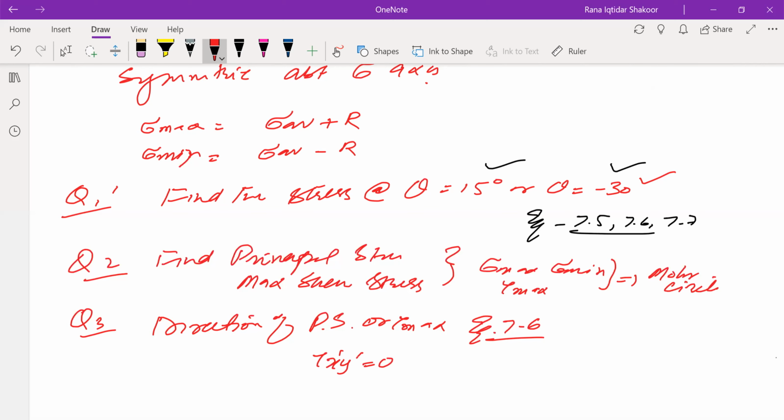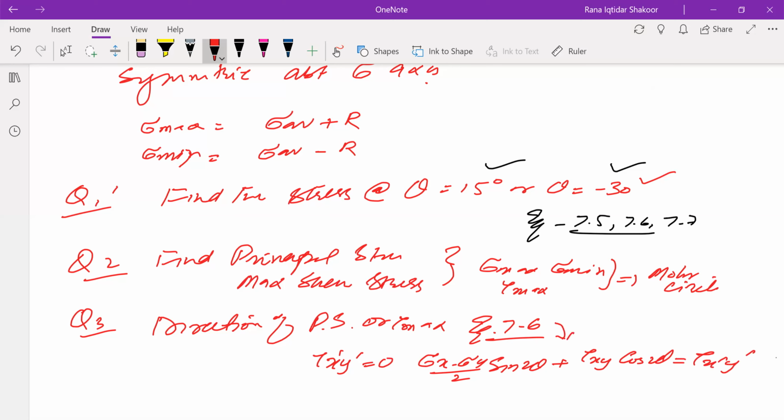That equation defines tau x prime y prime equals minus sigma x minus sigma y over 2 times sine 2 theta plus tau xy cosine 2 theta. This was equation 7.6.